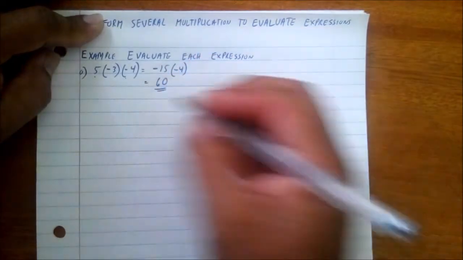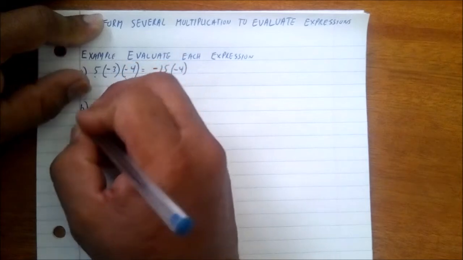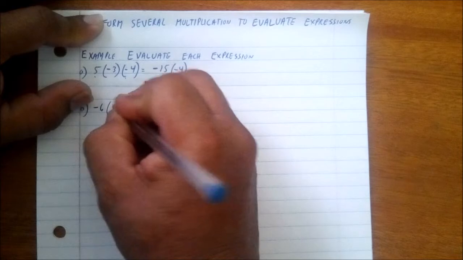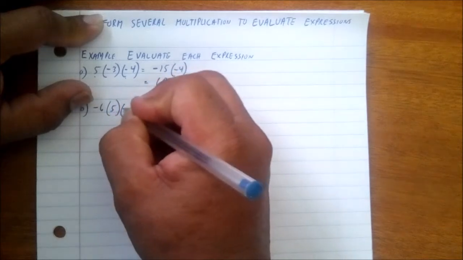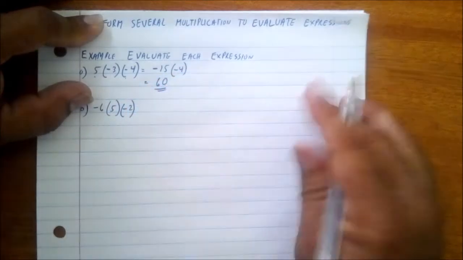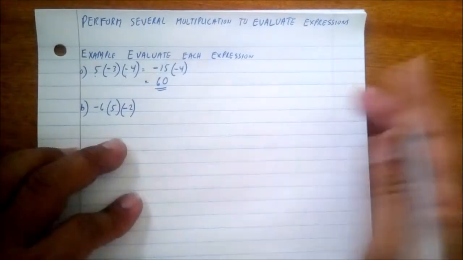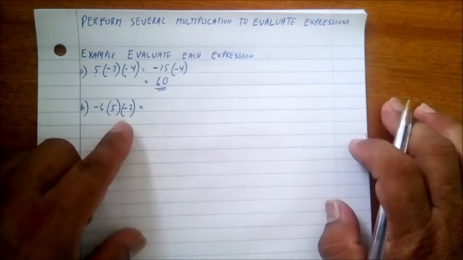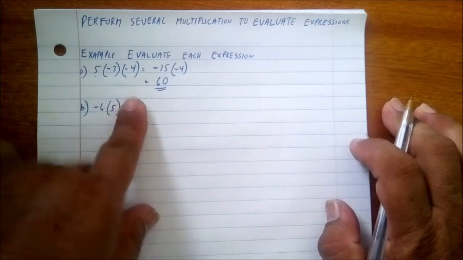Okay, let's go to the next example. We have negative 6 times 5 times negative 2, equals. Same concept again. Use the rules for multiplying two integers that have different signs, starting from left to right.